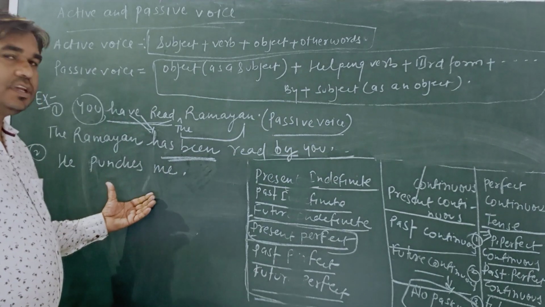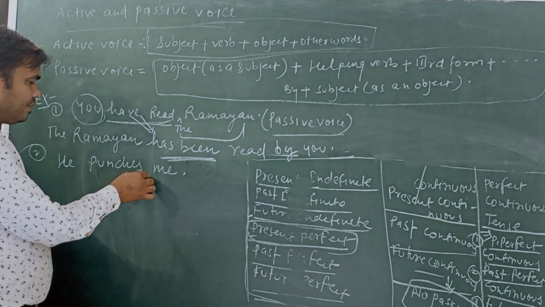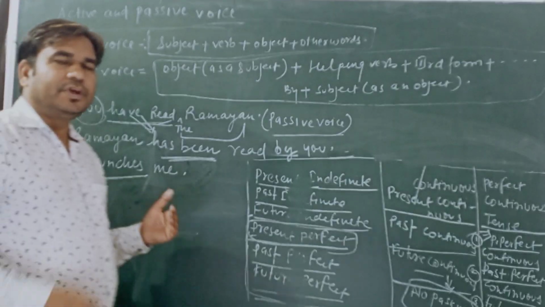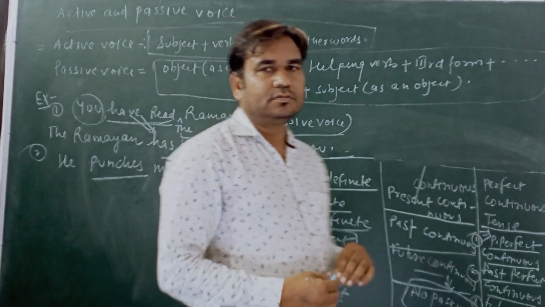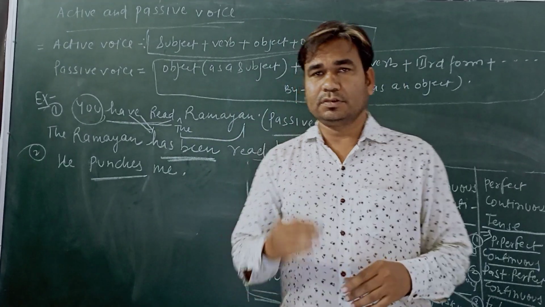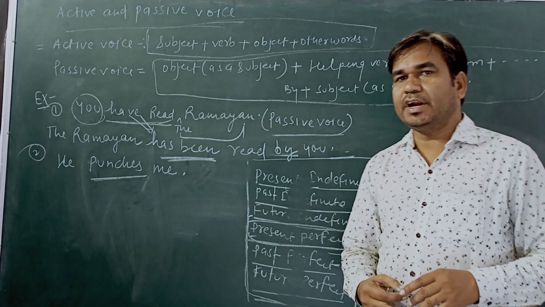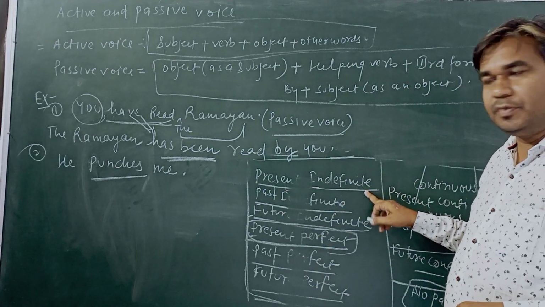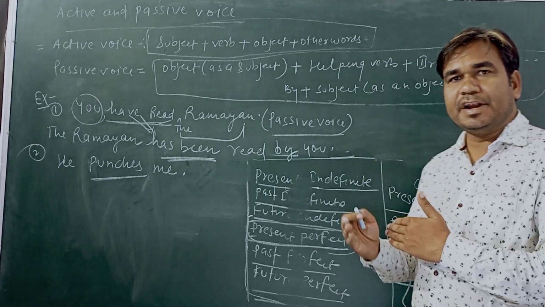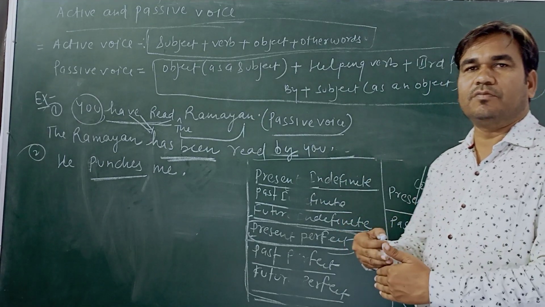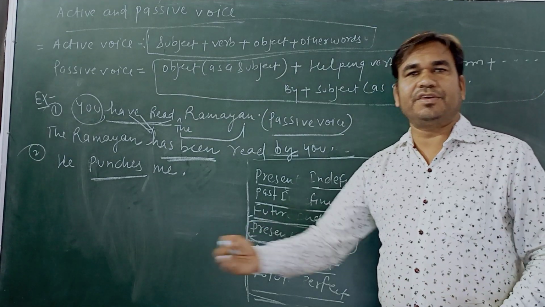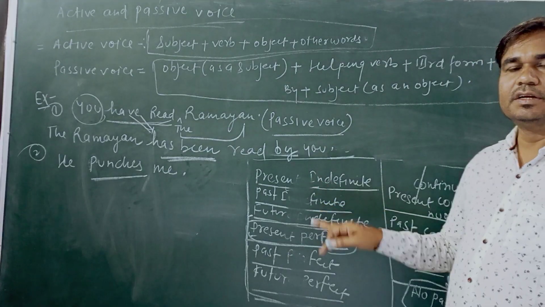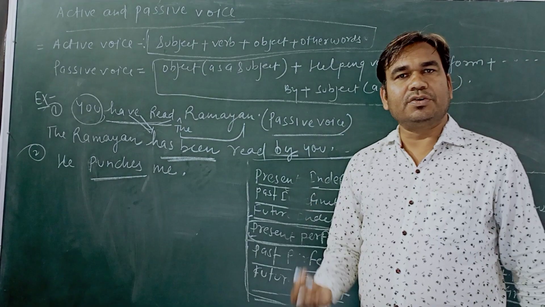And here you see, student, this is the present indefinite tense, and we have to convert it into passive voice. So for present indefinite passive voice, in this column, we take the next tense's helping verb, and the next tense of present indefinite is present continuous tense.